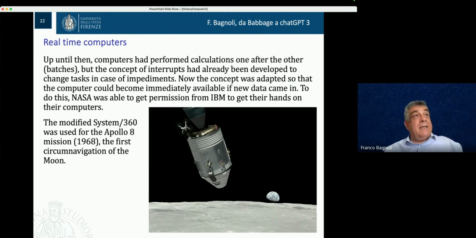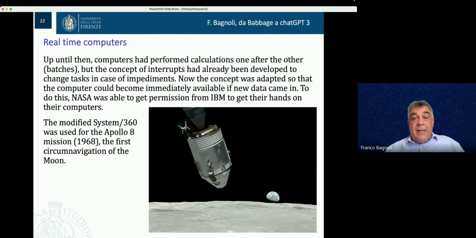When data are ready and arriving, because you don't want to stop the tape units, you need to tell the computer, okay, stop doing what you started doing, and now you have to process this data. And this was done using interrupts.